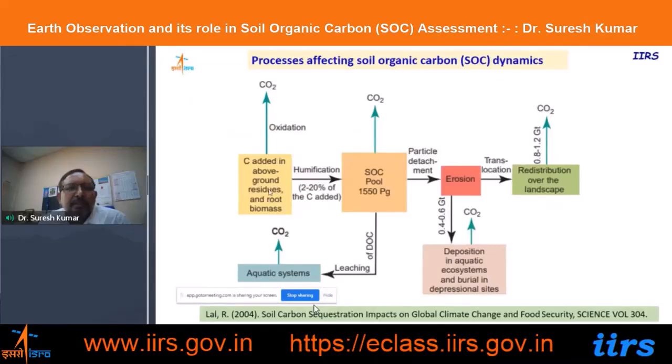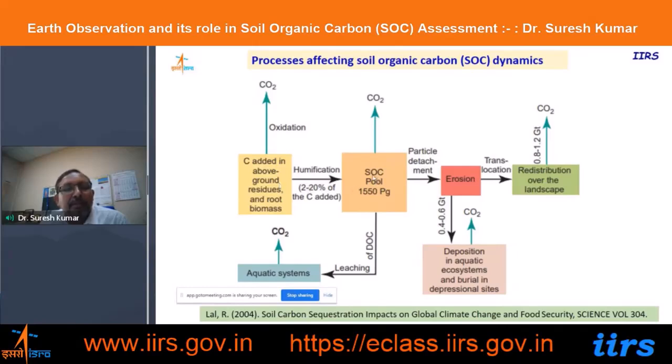Whatever organic matter or organic residue is added to the soil, some of the residues after decomposition get oxidized and released to the atmosphere as CO2. And by the humification process, 2 to 20% of the carbon is added as soil organic carbon. What residue is added onto the soil?